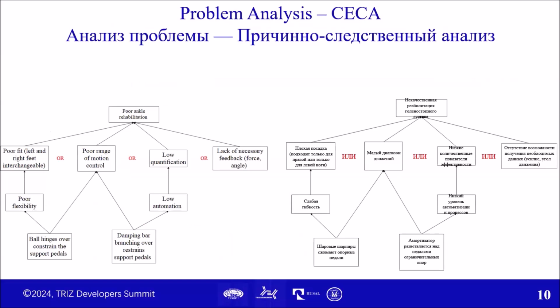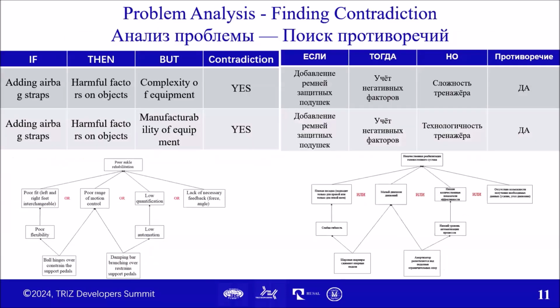The finding of contradictions shows that the problem can be solved at this stage by solving the over-constraints of the ball hinge and damping rods on the support pedal, and by adding the necessary feedback immediately.